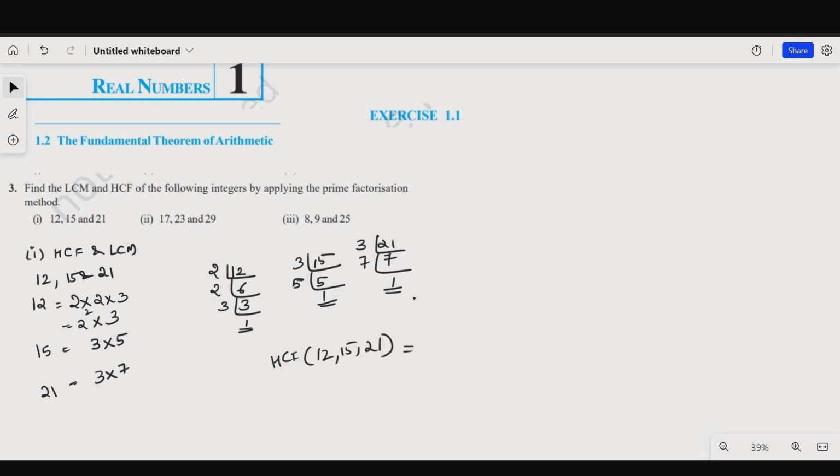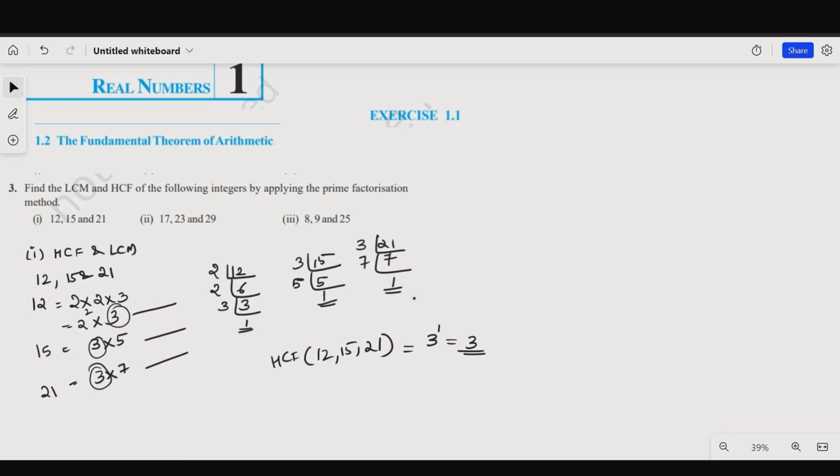HCF is the product of the smallest power of each common prime factor in the numbers. From this, this and this, we have to find the common term. The common prime factor here is 3. So let's take 3. Now we have to find the smallest power. Smallest power of 3 is anyway 1. So the HCF is 3.